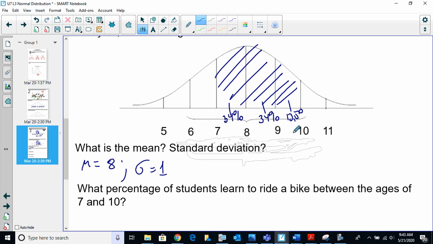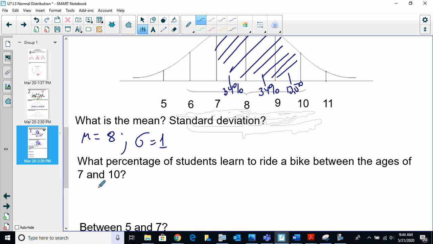So when we calculate the percentage, it will be 34% plus 34% plus 13.5%. When you use your calculator, 68 plus 13.5 is 81.5% of students who learn to bike between ages 7 to 10.